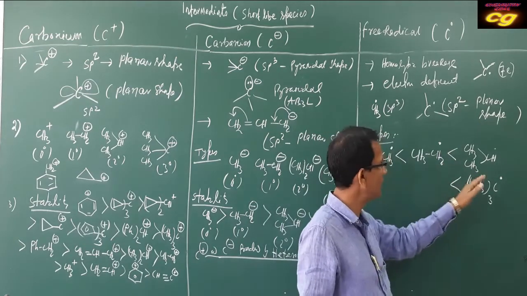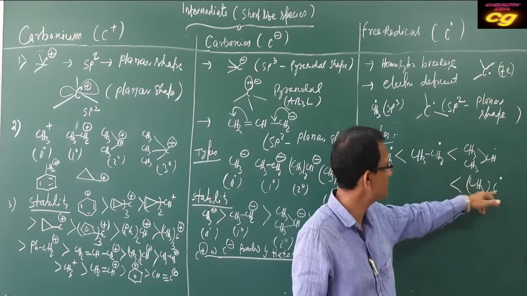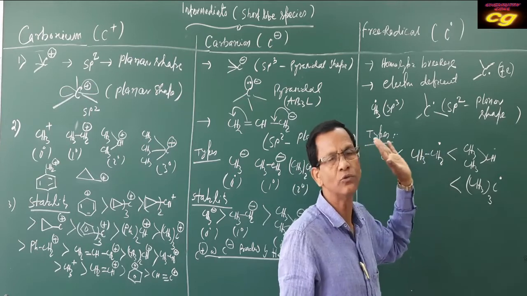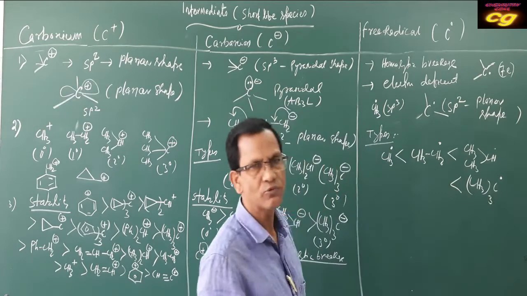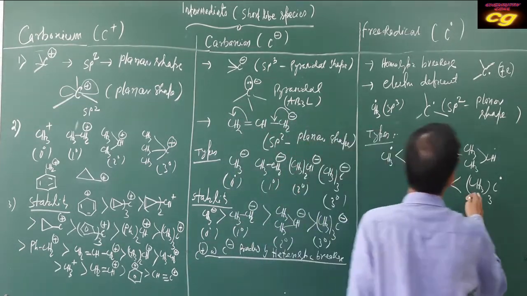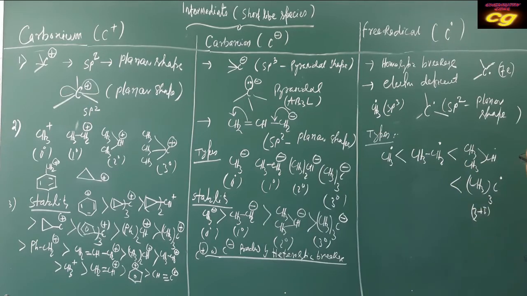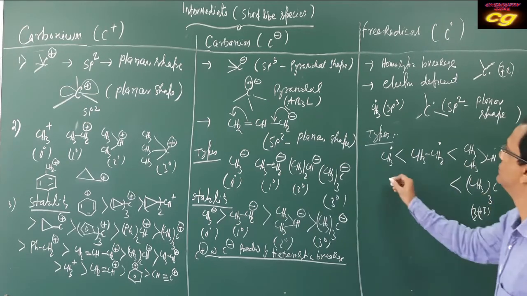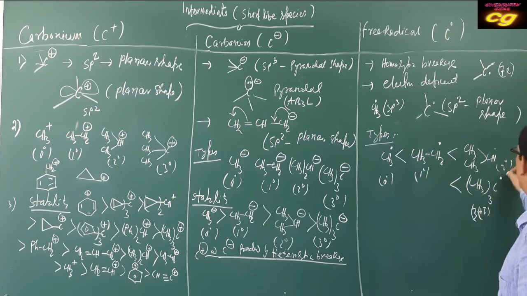As the plus-I effect increases, the electron deficient nature of carbon is reduced, because carbon needs another electron to satisfy the octet rule. That's why it also has a tendency to accept electrons. So the methyl groups having 3 plus-I effects make it more stable. So the order of stability is 0 degree, 1 degree, 2 degree and 3 degree.